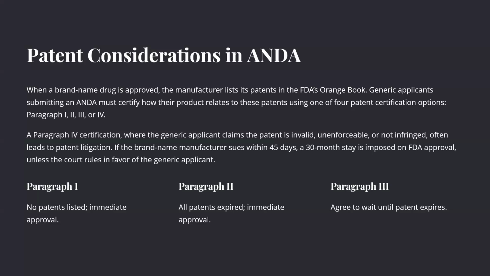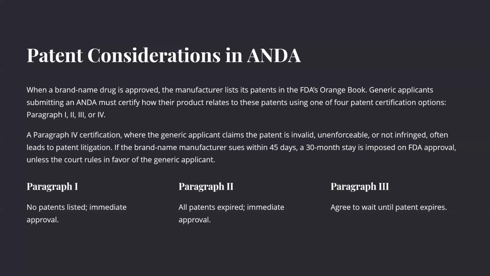So, generic applicants submitting an ANDA must certify how their product relates to these patents using one of the four patent certification options, which range from paragraph 1 to paragraph 4.